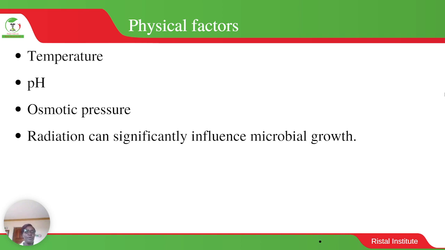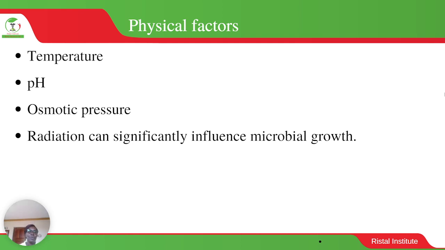So for microbial growth, we have a growth curve that shows us the phases of microbial growth from inoculation into a growth media. Inoculation means the introduction of the infective microorganisms into a particular media.